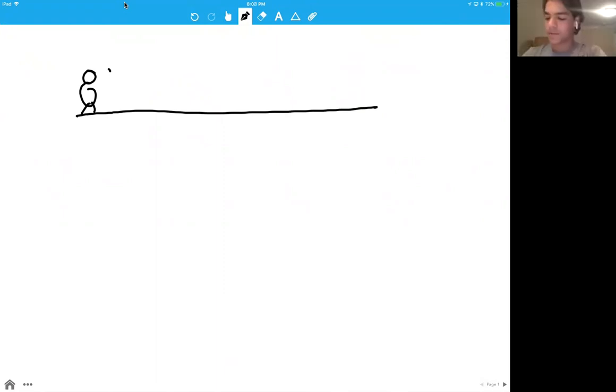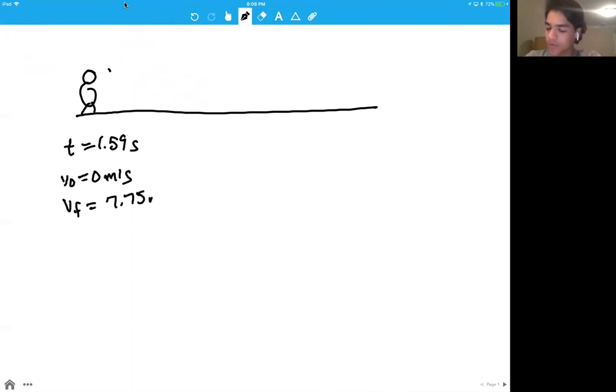So the variables are the time is 1.59 seconds, and the velocity is 7.75 meters per second. Now, what are all the variables? There are actually six variables when we're talking about kinematics problems, right? Oh, okay. So there's the initial velocity, which is 0, the final velocity, which is 7.75, the time is 1.59 seconds, the position, or the x in this case, you don't know.